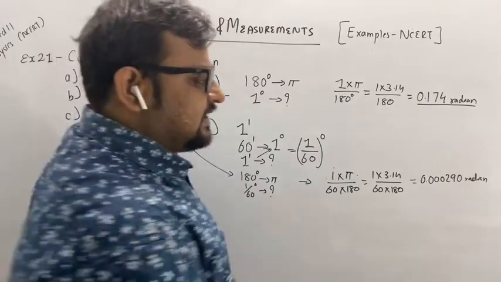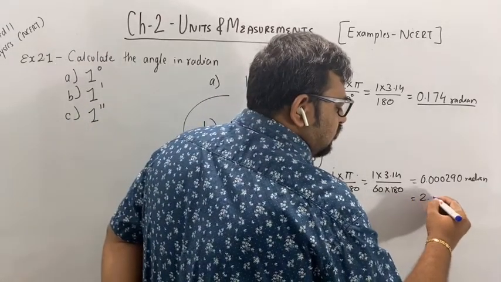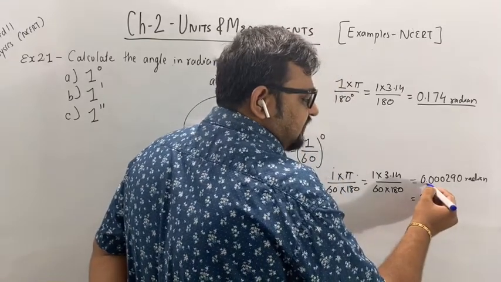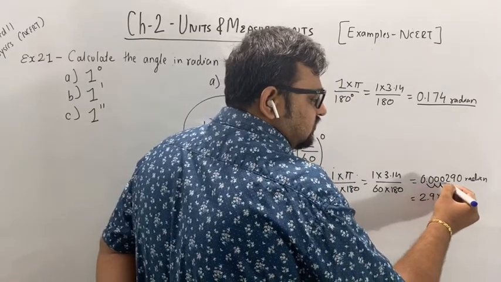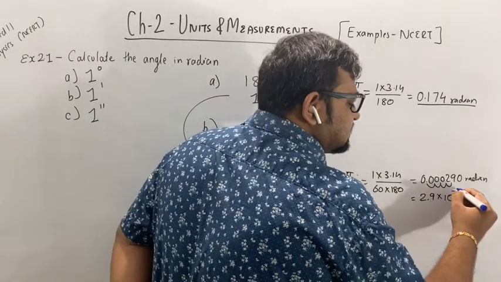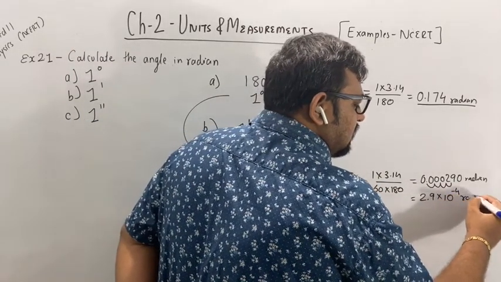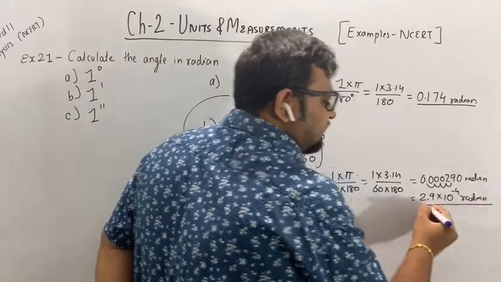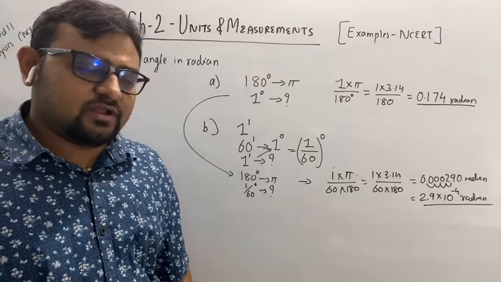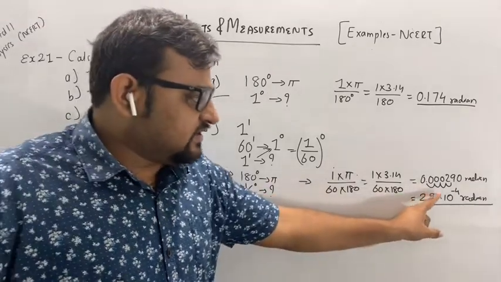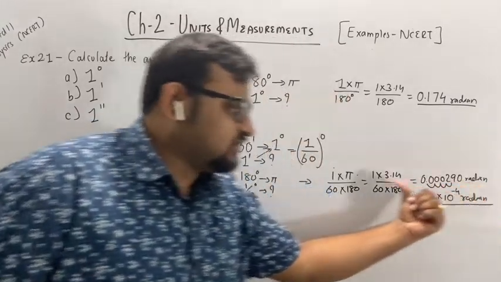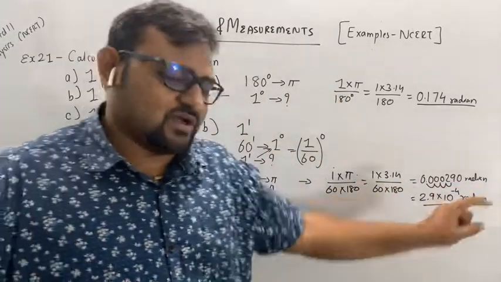Now you can write it as 2.9 into 10 raised to minus 4 radian, because the point shifted 4 places: 1, 2, 3, 4. This is your answer. Remember, I made this number greater, so it is minus 4. If I was shifting the point to the other side, it would be plus.